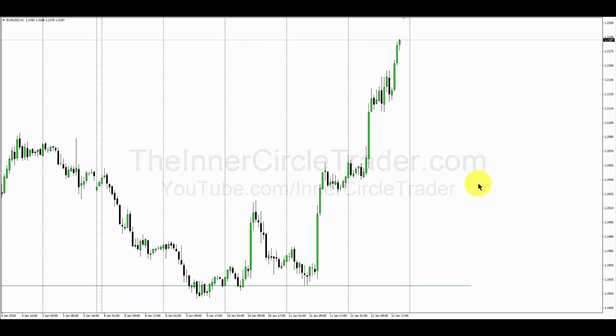And if you look at the tutorials I've taught, and this is pretty much core content for ICT material, I teach that the market, when it's bullish, will create the low of the week with a 70% likelihood on Tuesday. Now, preferably Tuesday London Open, it'll make the higher low.